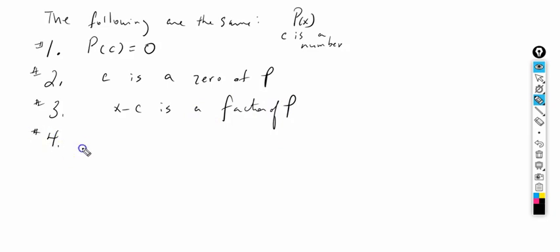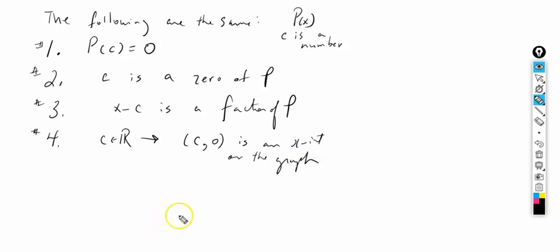And if c is a real number, then that means that the point c comma 0 is an x-intercept on the graph. Okay, so this is something that we have to remember.